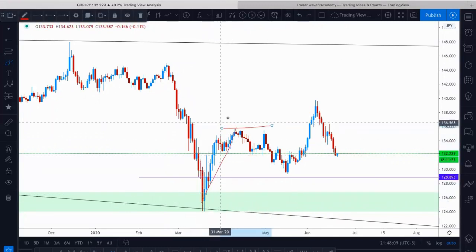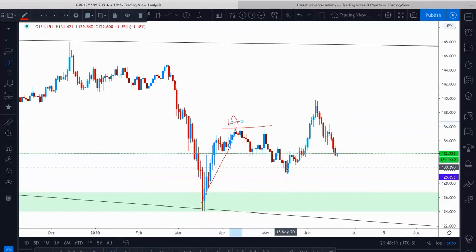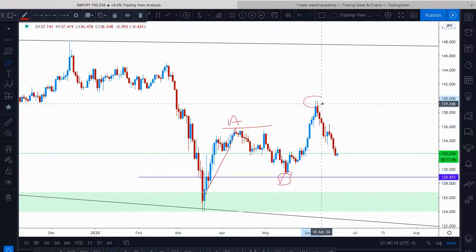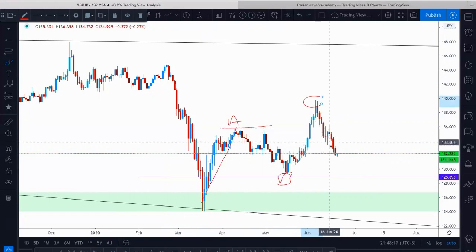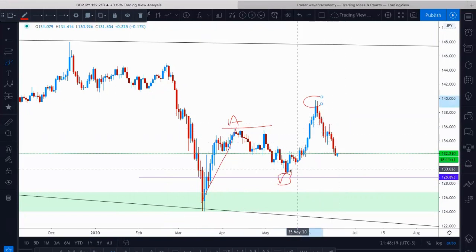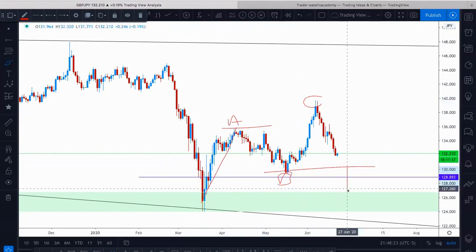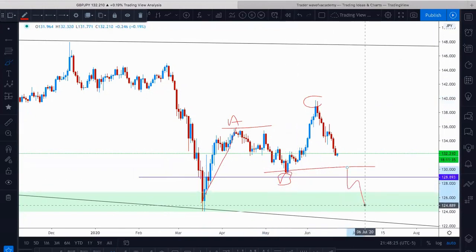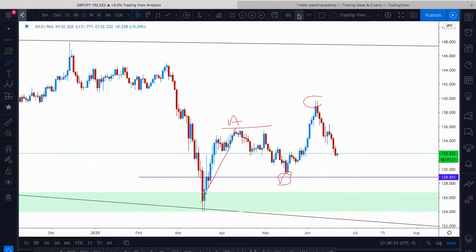We can consider that to be the A wave corrective. Here, we can consider this to be B wave and this to be the C wave corrective. So what you're looking at now is a breakout of the B wave pushing the market to the downside, which would actually go with what we would have analyzed and forecasted based on the weekly time frame, right?